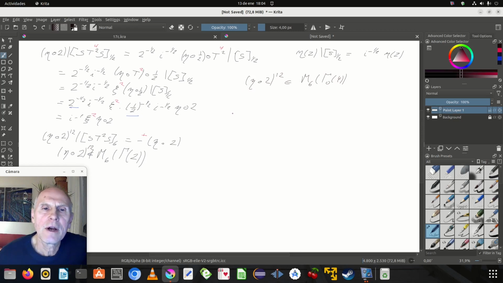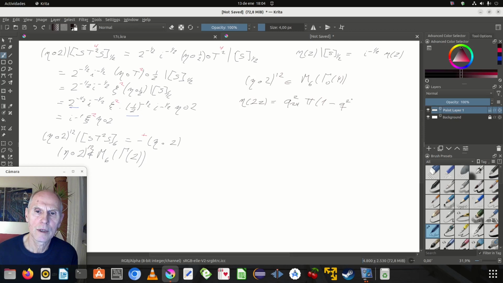So we just need to see how it behaves at infinity. So it's q to the 24th, but it's squared, and that means that eta to the 12th, the function to the 12th, that becomes q.